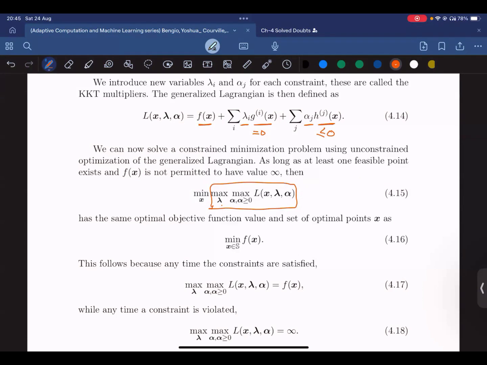Now, if g i of x is not equal to 0, we can maximize this quantity to infinity. We can maximize lambda g i infinitely. So if g i of x is like minus 5, we can take lambda to be minus some big quantity, so that this quantity gets maximized.